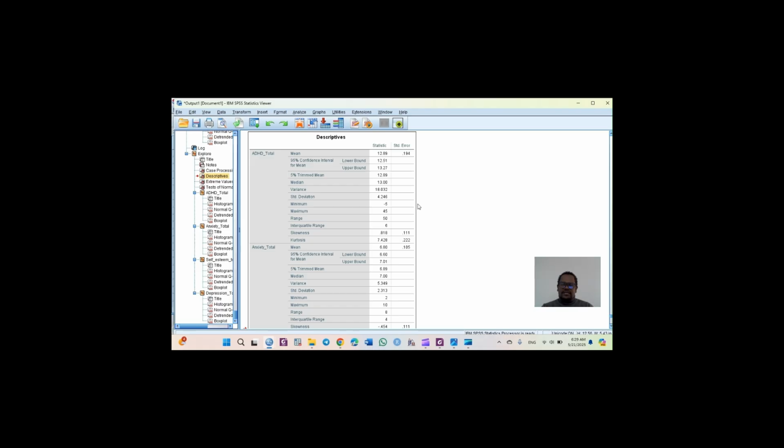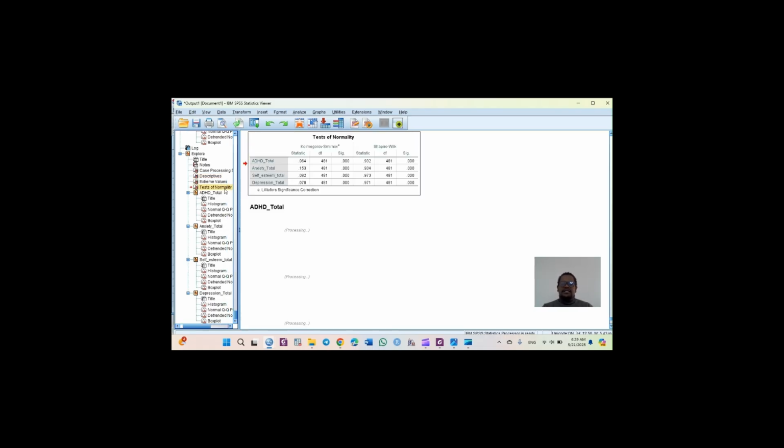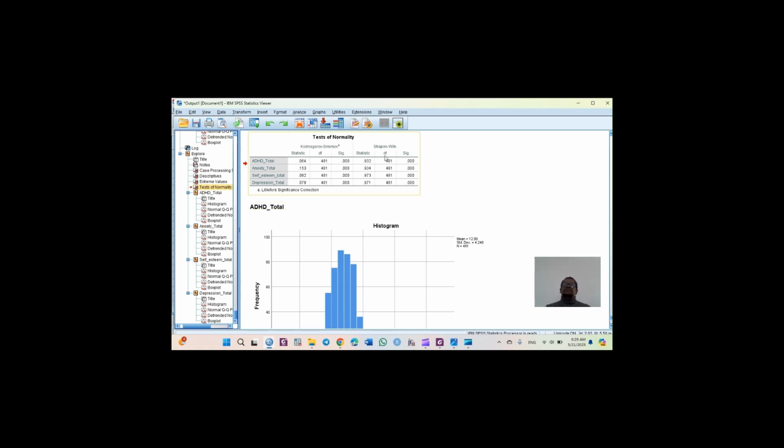So one of the things we will check is descriptives. The other is the test of normality, an important test to decide whether to go for parametric or non-parametric tests.